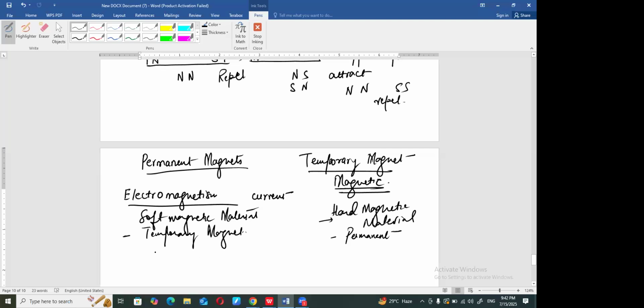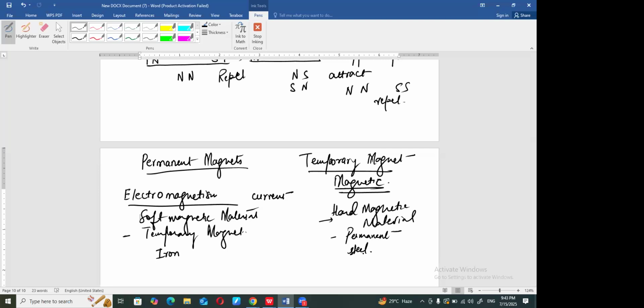The example for a soft magnetic material is iron. Once iron becomes a magnet, after some time the magnetism can be lost. The example for a hard magnetic material is steel. Once the current is passed through it and removed, it turns into a permanent magnet.